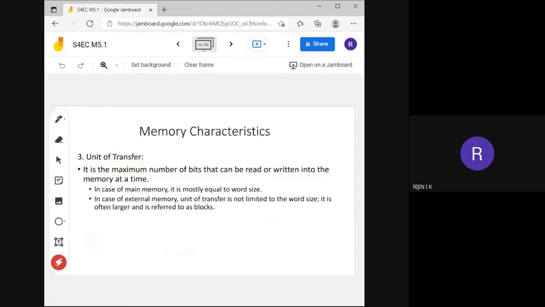In the case of main memory it is mostly equal to the word size. In the case of external memory, the unit of transfer is not limited to the word size. It is often large and is referred to as blocks.